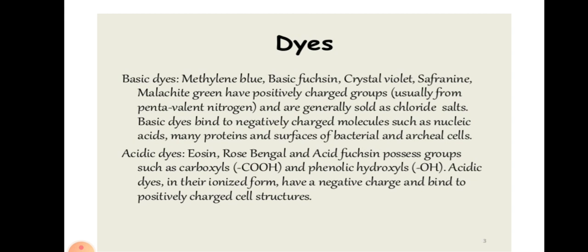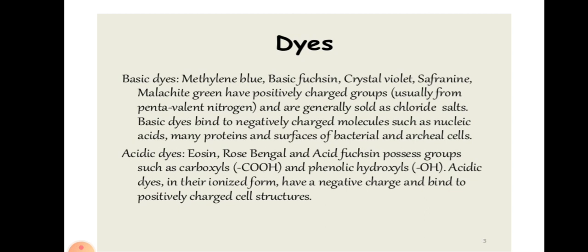Basic dyes bind to the negatively charged molecules such as nucleic acids, many proteins, and surfaces of bacterial and archaeal cells. The second type of stains or dyes are acidic dyes. The acidic dyes are anionic or negatively charged and ionized to impart a negative charge on the dye molecule.